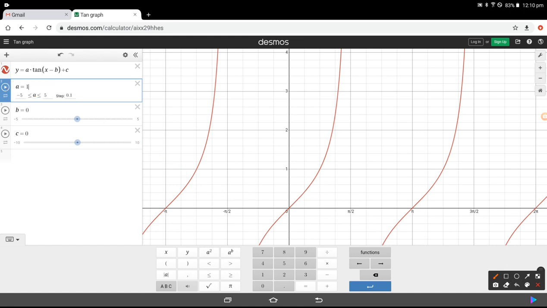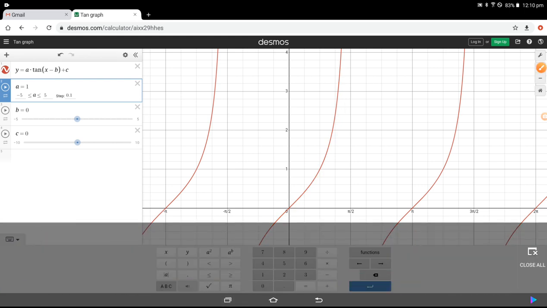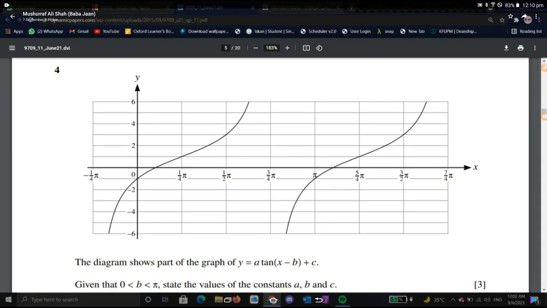Your graph turns at this point, so this is 0, a turning point. But I will show you another diagram now. In this question, where is the turning point? The graph comes and turns, so this is the turning point.